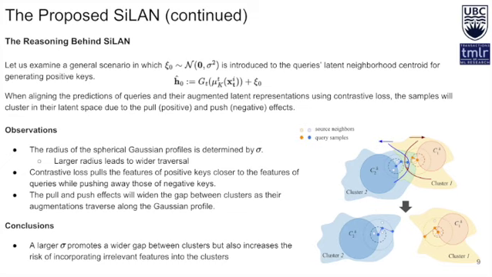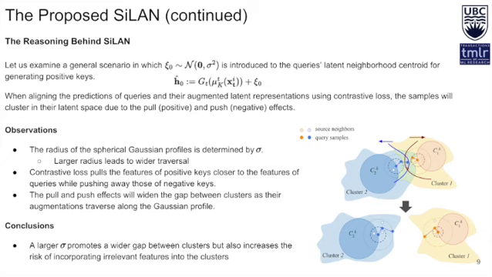The contrastive loss will pull the features of the positive key closer to the feature of the query while pushing away those of the negative key. The pull and push effects will widen the gap between the clusters as their augmentation traverses along the Gaussian profile. Therefore, when we have a large traverse region for the Gaussian profile, we can have a wider gap between the clusters.